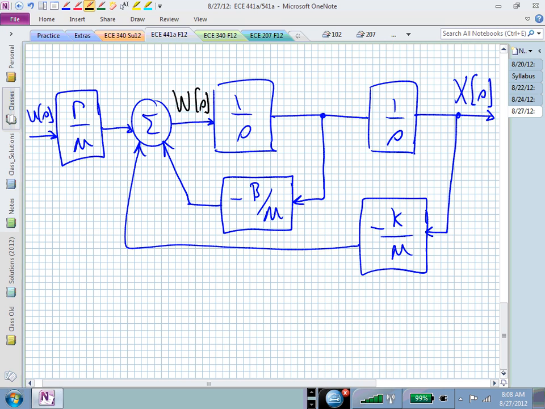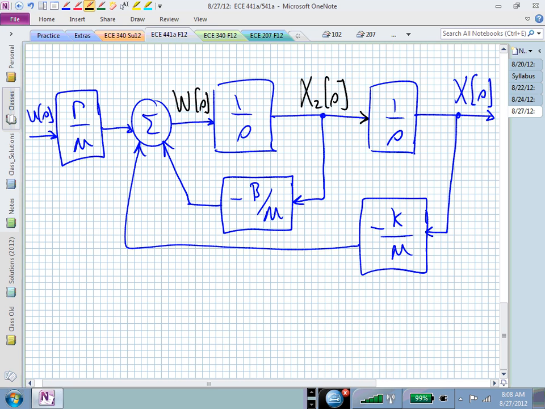So let's now start by trying to write the equation for W of S, and if we don't have variables, let's just define some. For example, instead of circling back completely immediately, let's just say there's another signal.